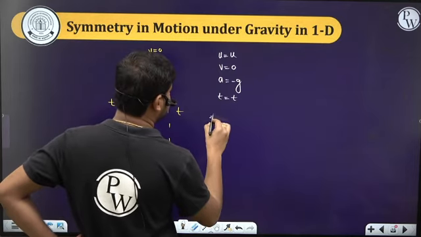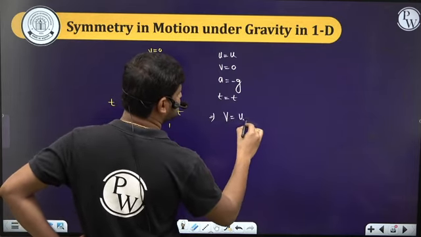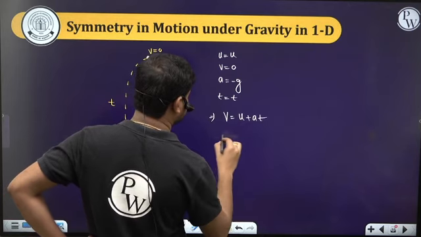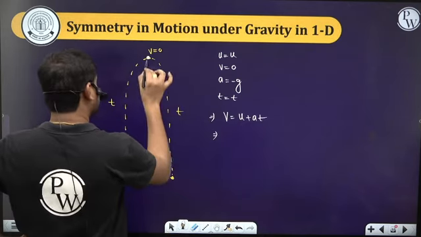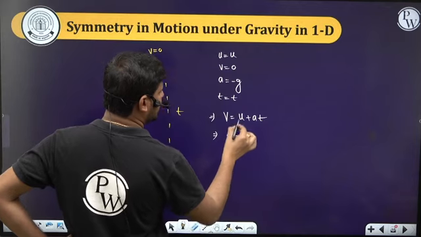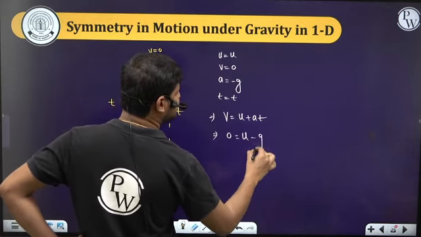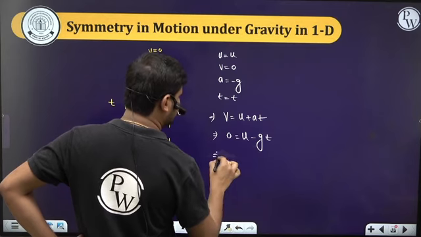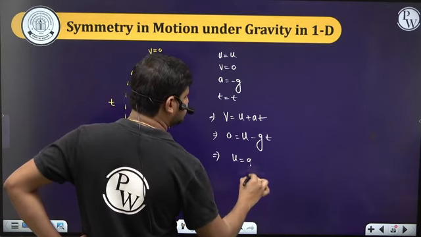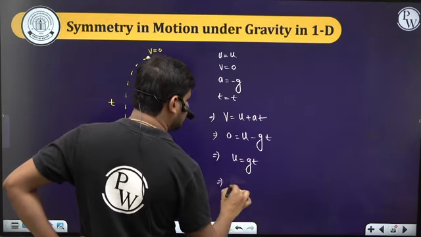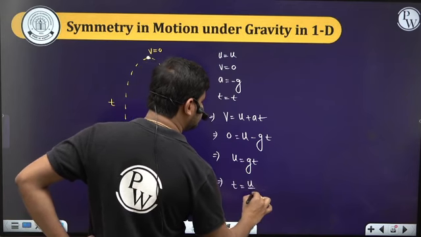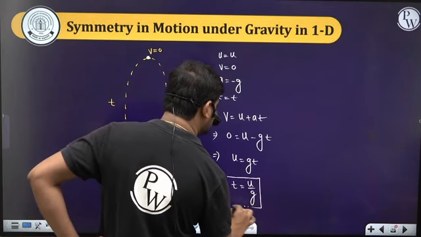Now let me use the equation v is equal to u plus at. From here to here the final velocity is 0, the initial velocity is u, a is minus g, and let the time taken be t. So u is equal to gt, therefore the time taken t is equal to u by g.